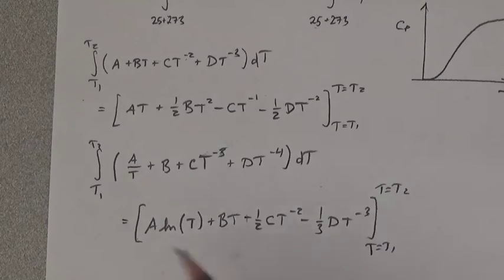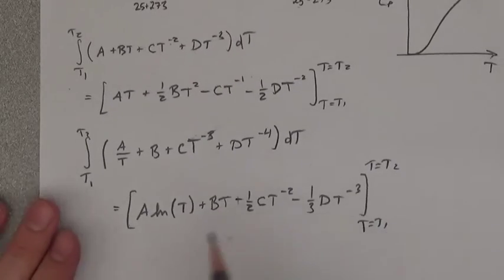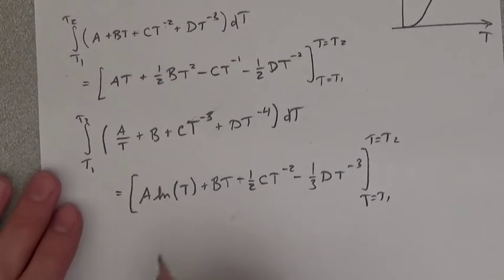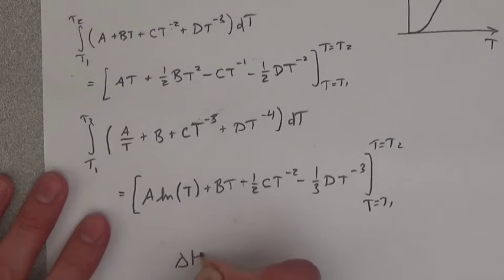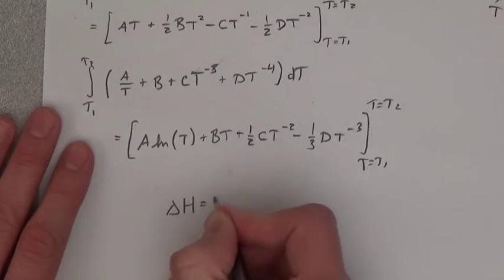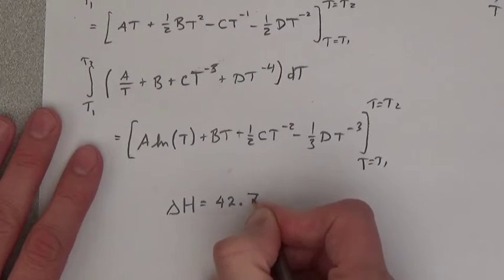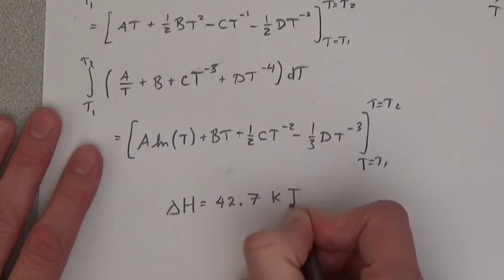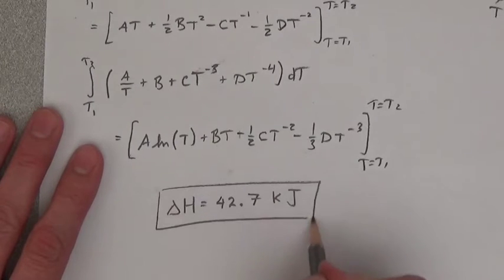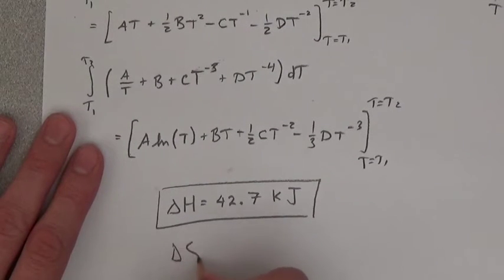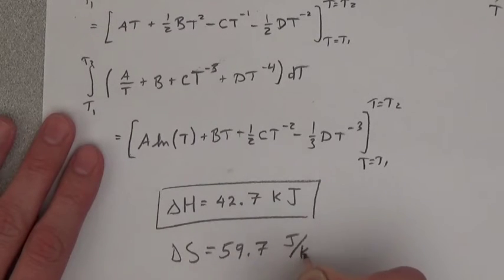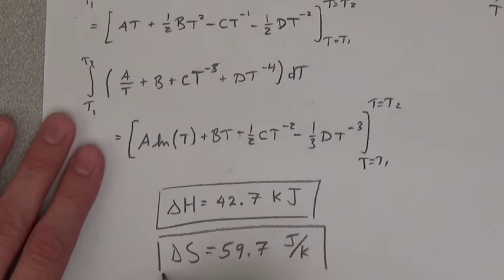So basically, you can do a little bit of solving, substitute in, and what you get is delta H is equal to 42.7 kilojoule, and delta S is equal to 59.7 joule per Kelvin.